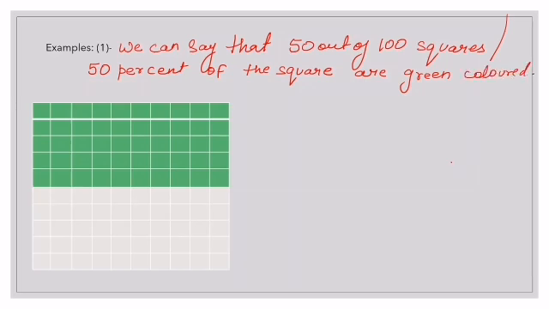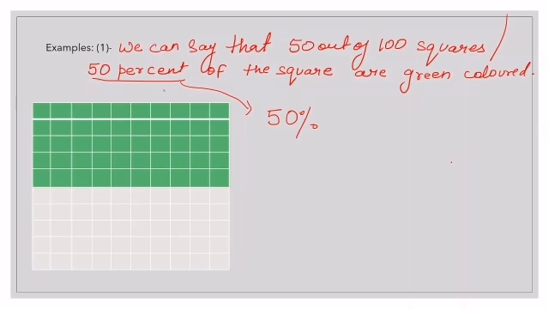Alright, मतलब 100 में से 50 या फिर 50% आधा, 50% means half of the squares are colored and half of the squares are uncolored. That is why I have written 50% here. Symbolically we can write this as 50 followed by the percentage sign.